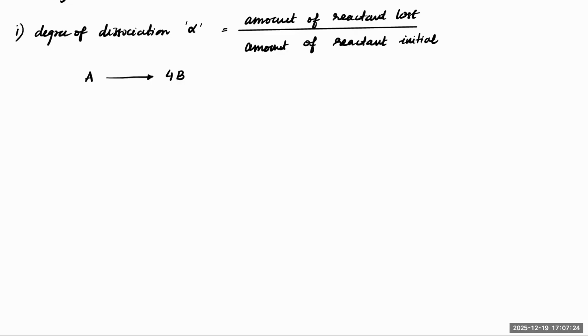Initially I took 2 moles of A, and after some time T, 0.5 moles got consumed. In that case, how much will be the alpha value? Alpha value is 0.5 divided by 2, the amount consumed by the initial amount.